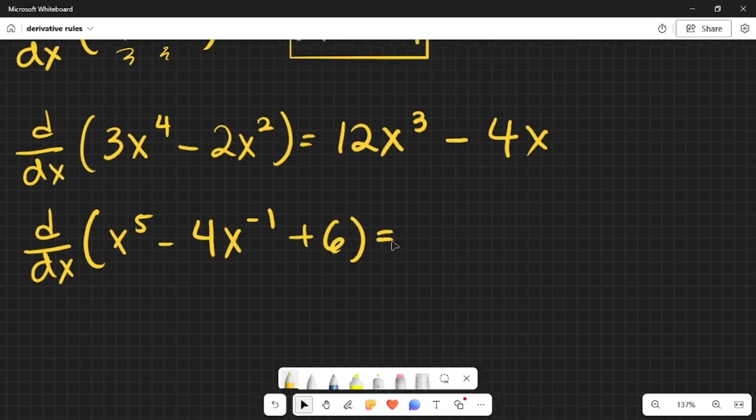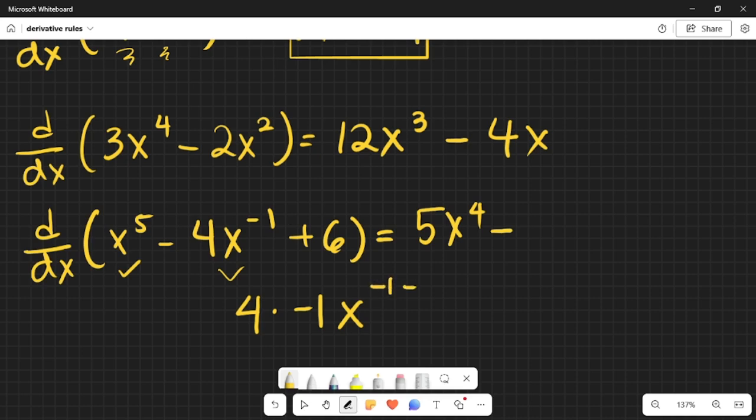To find the derivative, we're going to use the power rule here. 5x raised to the 4th power. We're going to do the same here. It's a negative sign, so we're going to take the constant, multiply it by the exponent, and then we're going to put x, and we're going to get negative 1 minus 1.